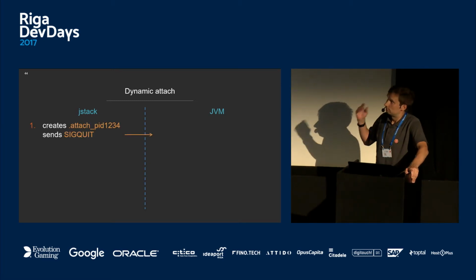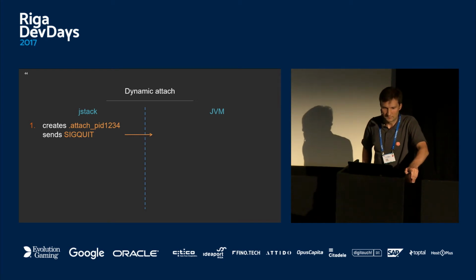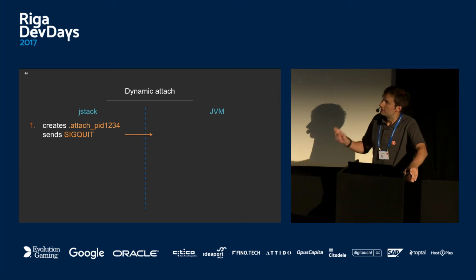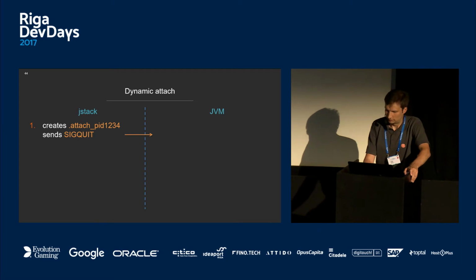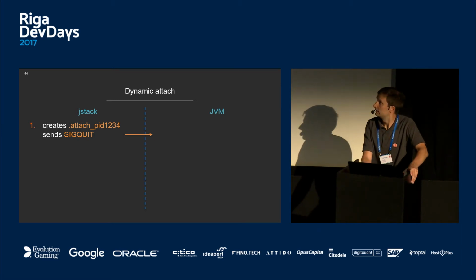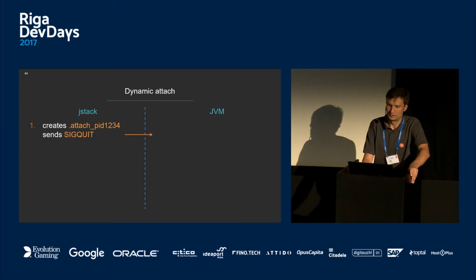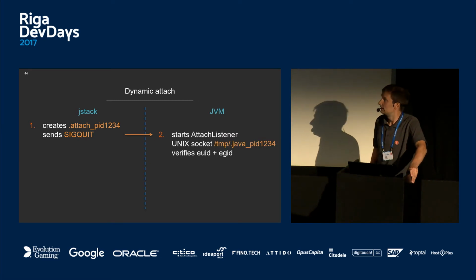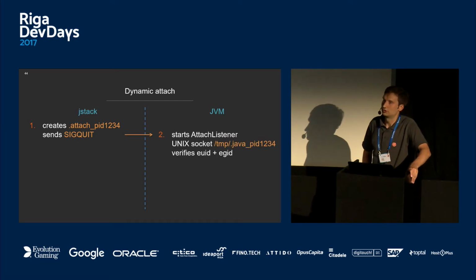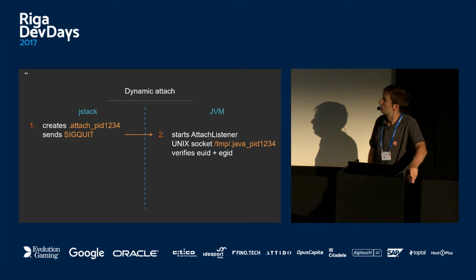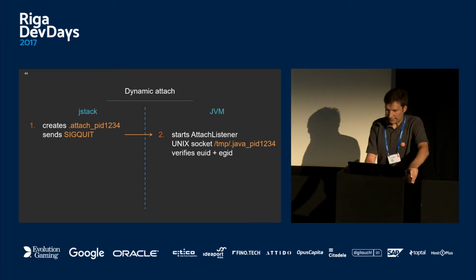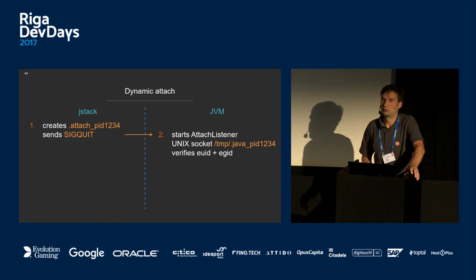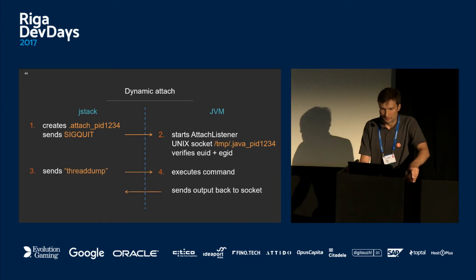jstack creates a special file in the current directory with the process ID of the target JVM and sends a signal to the JVM. JVM catches this signal and in response starts the attach listener thread and creates a Unix domain socket to communicate with jstack.